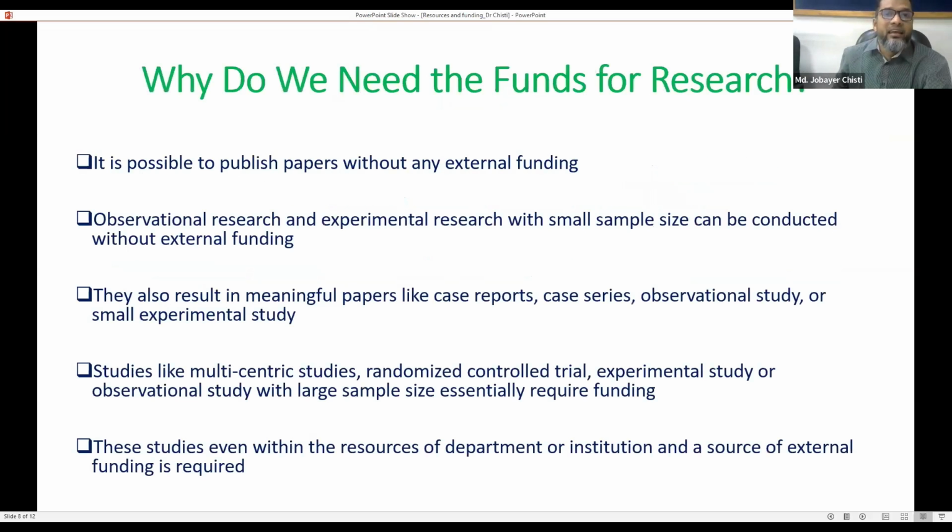For the initial type of researcher in developing countries, researchers used to do chart analysis or research to improve the quality of care by doing audits.